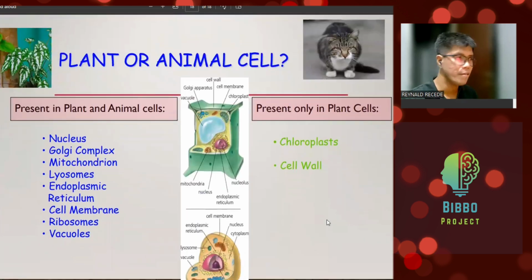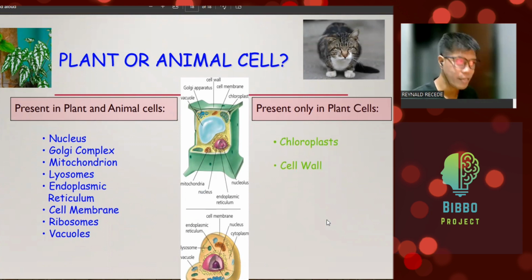Now, for the last slide, we are going to compare the plant and animal cell. So what is present in plant and animal cells, and on the right side of your screen, we're going to specify what are only present in plant cells.